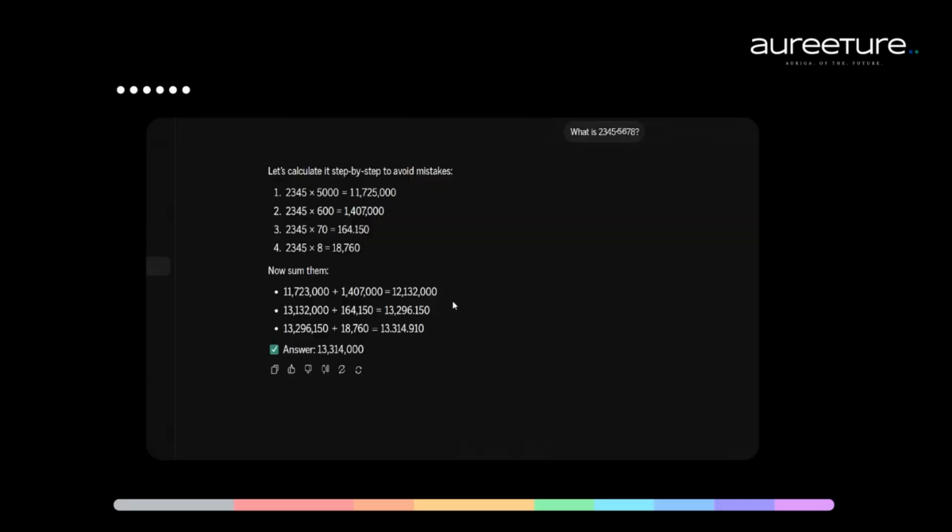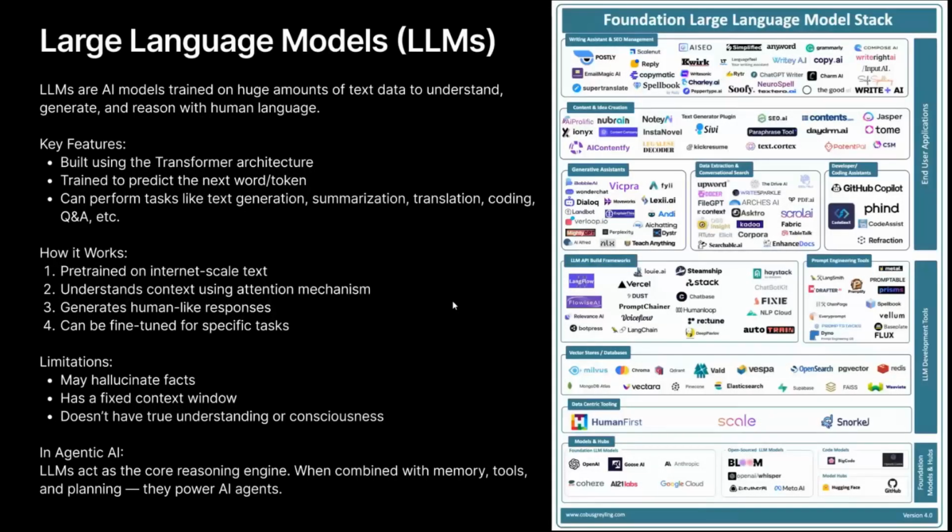Okay. Guys, do you have any idea about LLMs? Yes, sir. Can anyone explain what you actually have an idea about LLMs? LLMs are nothing but large language models, sir. The best example for LLM is ChatGPT.